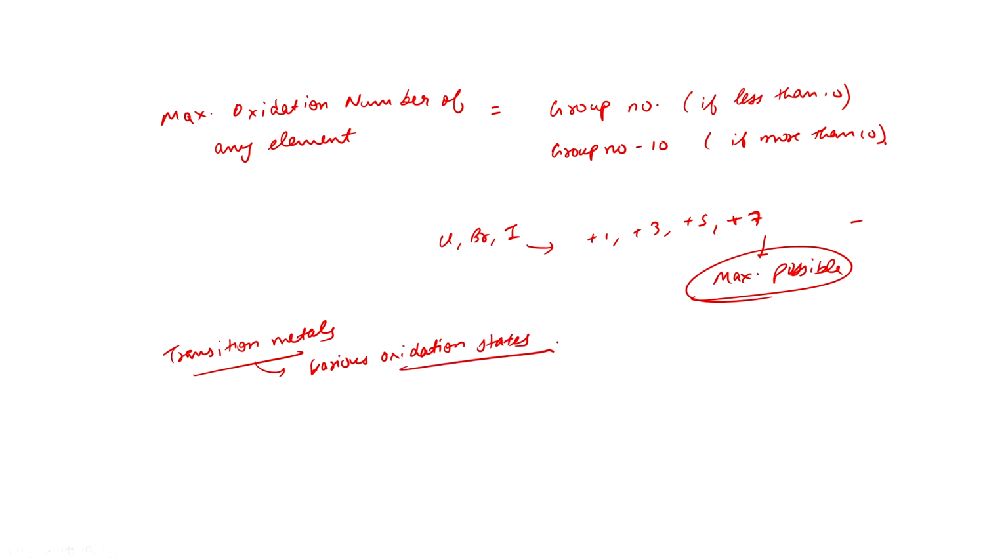So we do not have to deal with transition metals right now to calculate the oxidation number; we just have to deal with the main groups, group 1, group 2, and then groups 13, 14, 15, 16, 17 and 18. Group 18 normally does not combine. So this is it till now.